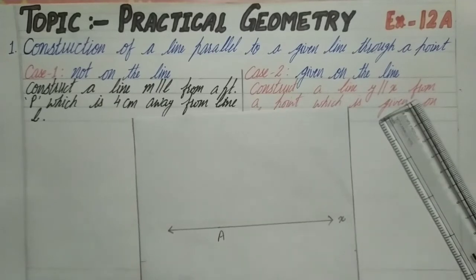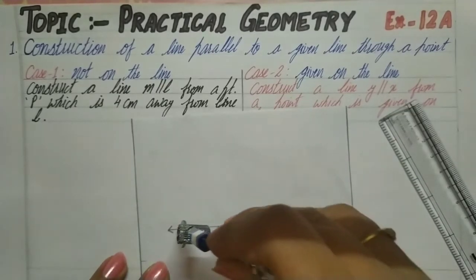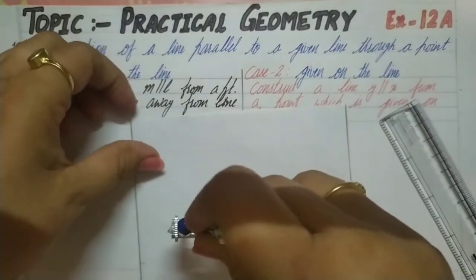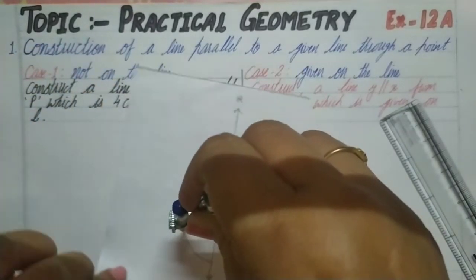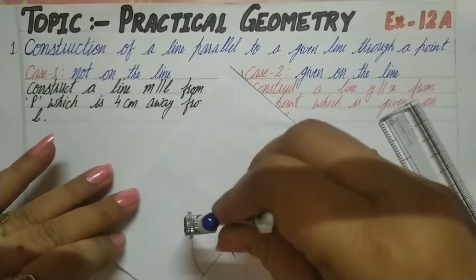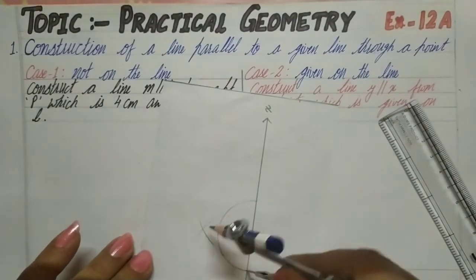At point A, draw a line perpendicular on the given line X. For that you can rotate your notebook as I am rotating this paper. Okay, then open your compass more than half of the semicircle, mark a convenient arc of the circle taking these 2 points as center.